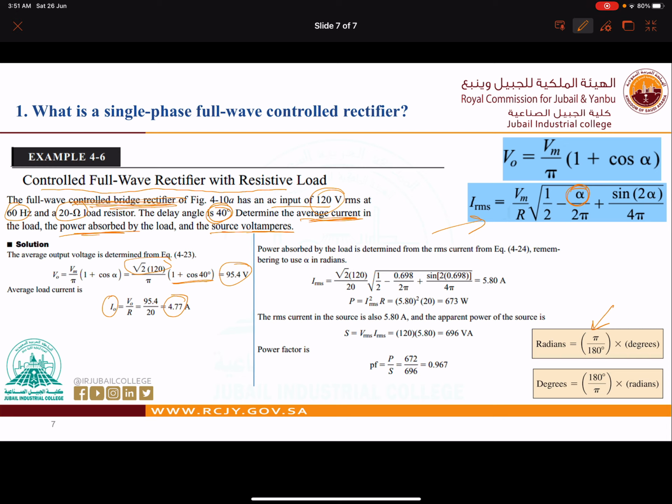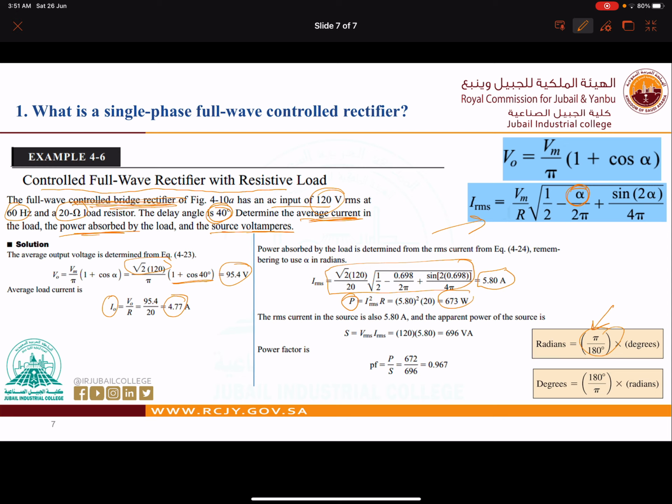So we multiply by pi divided by 180, right? So we can apply the numbers here, and you will get 5.8 ampere. This is the RMS. So to find the P out, it is I square RMS multiplied by R, and it is 673 watt.